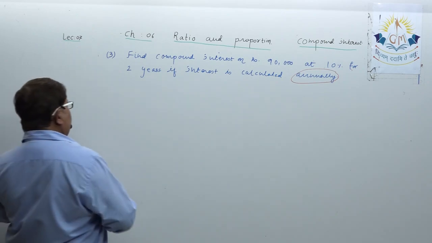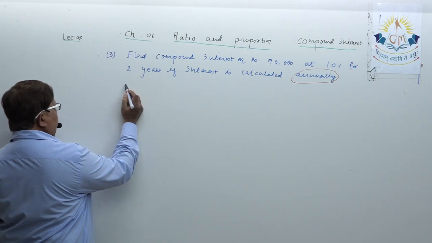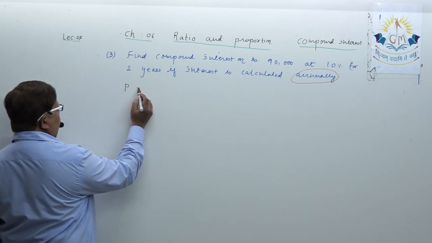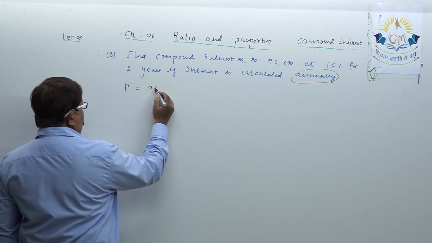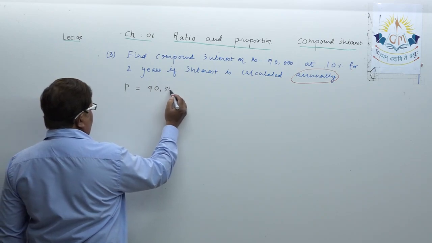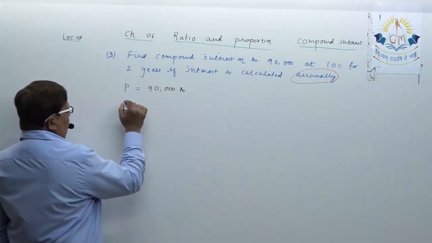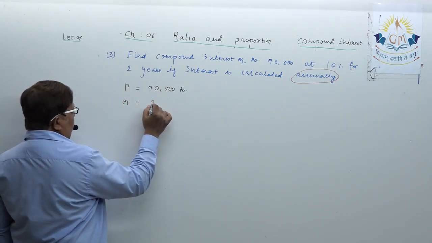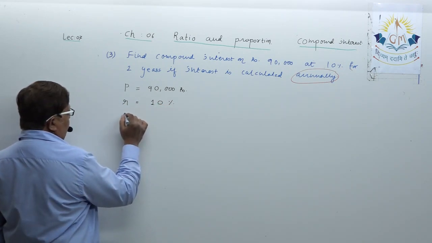Okay, see, first, dear student, principal, what is that? Rupees 90,000. Okay, then rate of interest, what I have given, 10%.